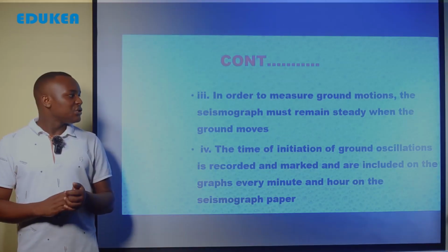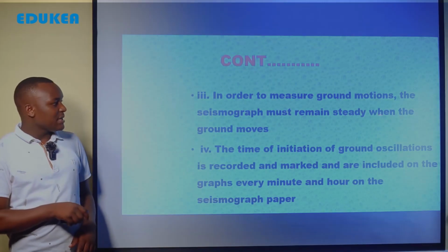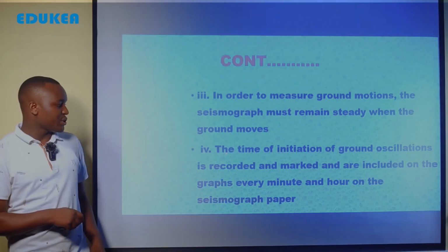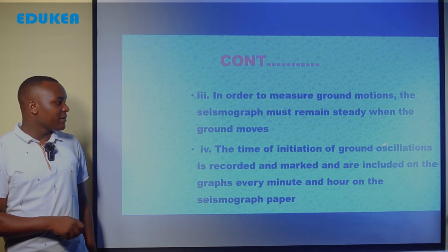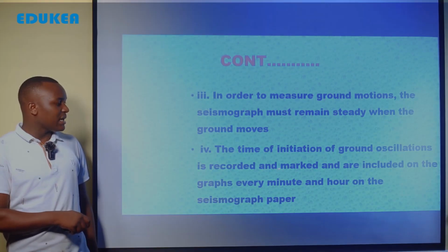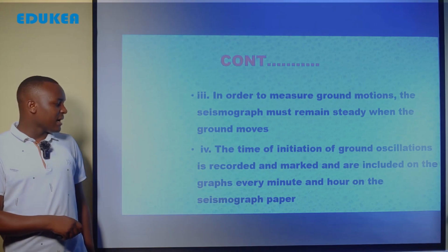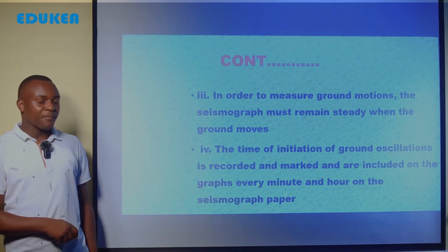But also we say the time of initiation of ground oscillations is recorded and marked and included on the graph every minute and hour on the seismograph papers. So that is how the seismograph works.